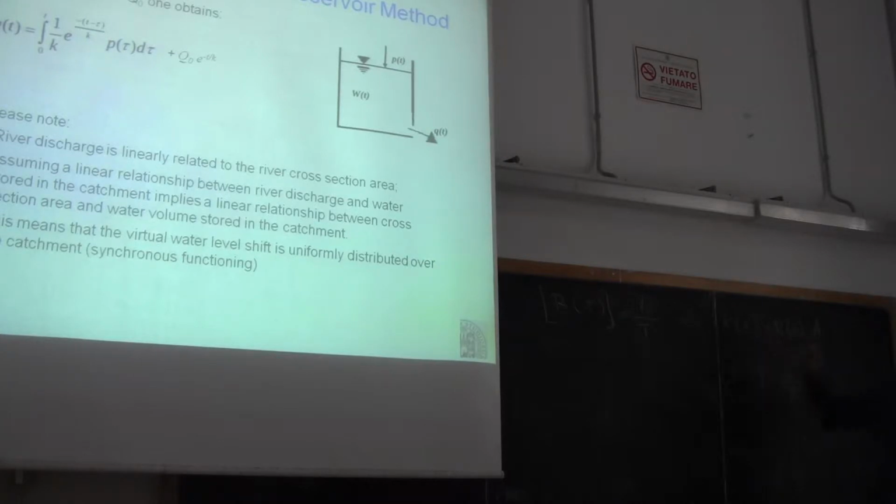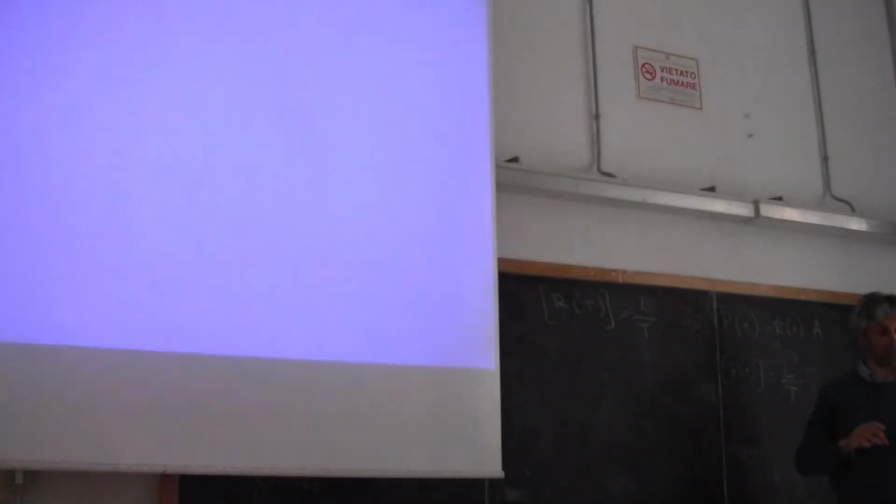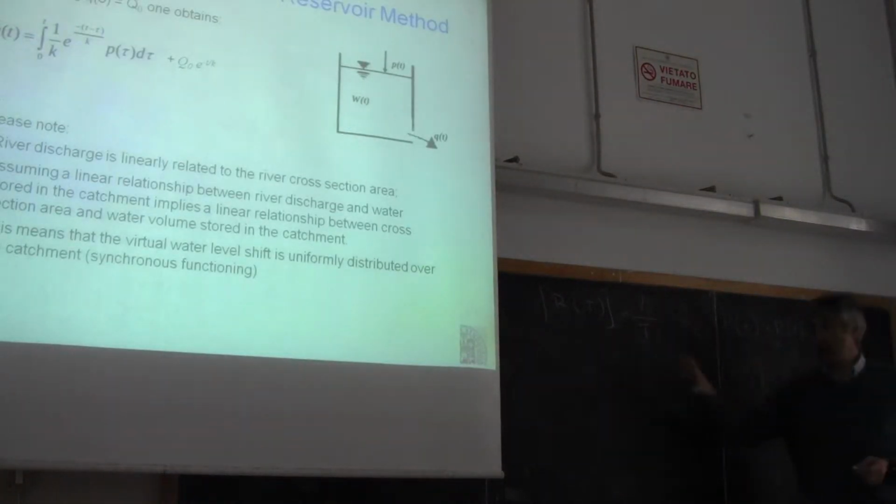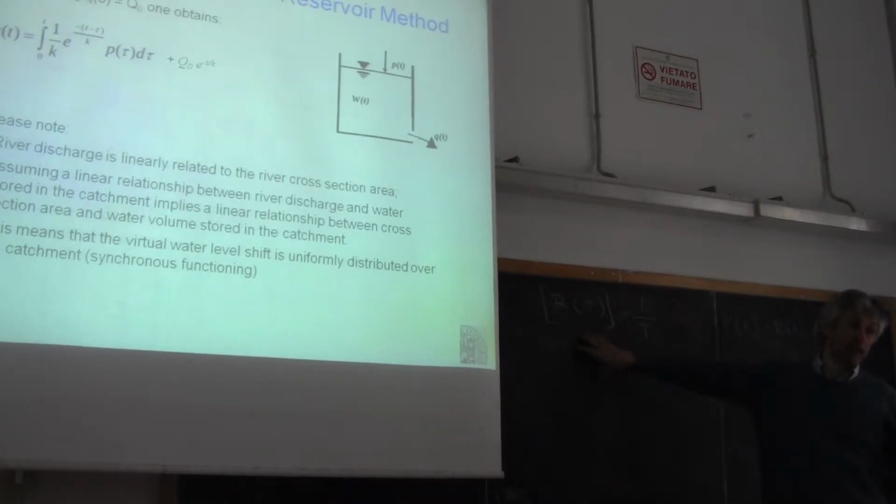This means that we accept the meaning of this quantity. R is a rainfall depth per unit time, and P is a rainfall volume per unit time. So we accept the meaning. The question is, do we obtain a reliable estimate? And the answer is, the estimate is reliable as long as RT is a reliable average rainfall over the catchment. So if RT is a reliable measurement of the average rainfall over the catchment, by multiplying this average rainfall by the area of the catchment, you obtain a reliable estimate of the volume.